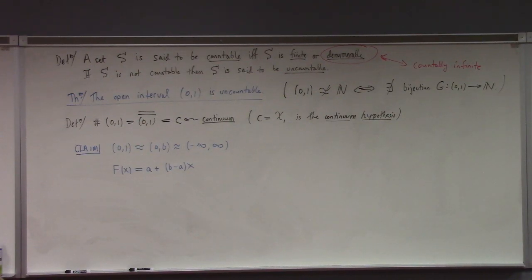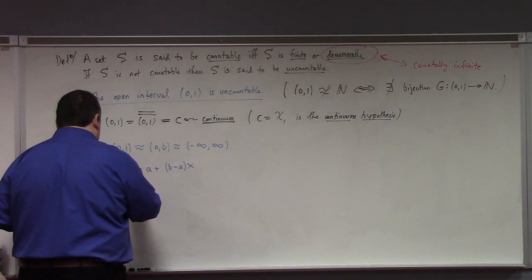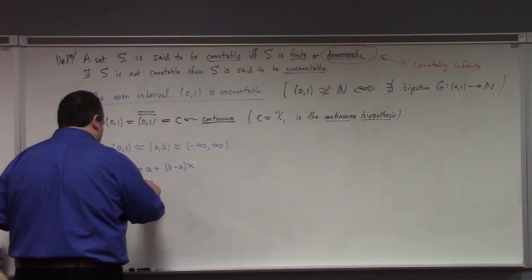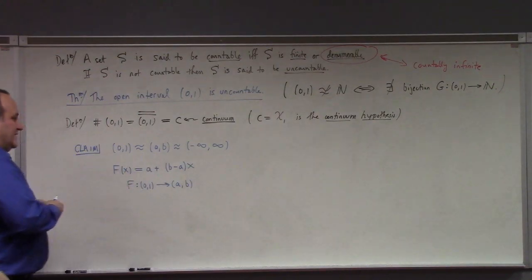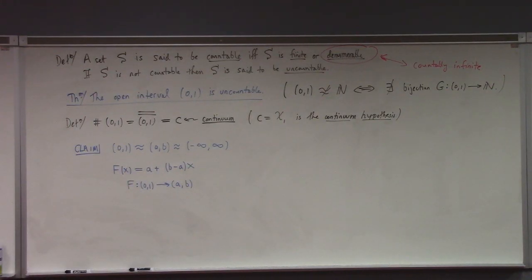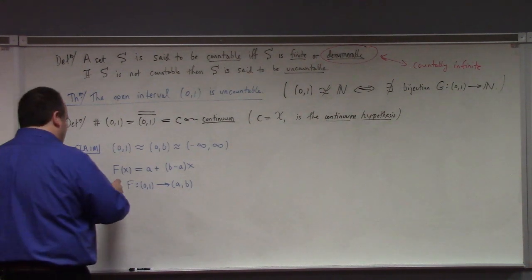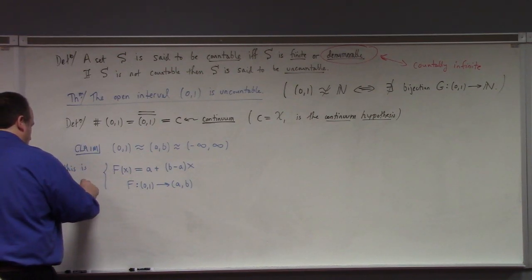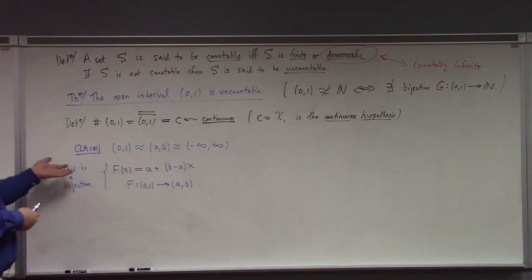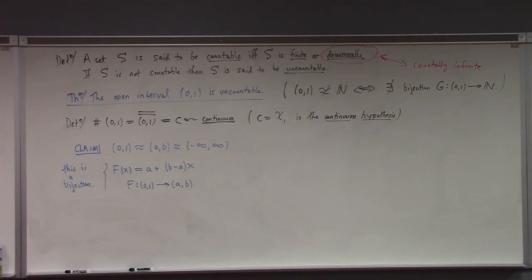Of course, I don't actually do that because 0 and 1 are not in the domain if we're talking about f as a mapping from (0,1). But likewise, neither are a and b. As long as b is not equal to a, this is an invertible map. I'm not going to show you the details, but you can argue this is a bijection. Since that's a bijection, that proves that the open interval (0,1) is in fact equivalent to any other open interval.